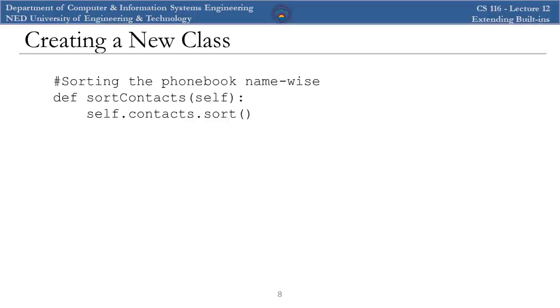Self.contacts is of list type, therefore I can invoke this built-in method sort on it, right? So there is no issue, but I don't want the user of my class to call this sort directly from outside. So I'm providing a wrapper, sort contacts. So the user will only call object dot sort contacts and that will work. I'll show you shortly when I go to the test code.